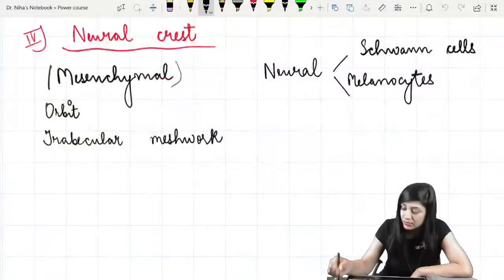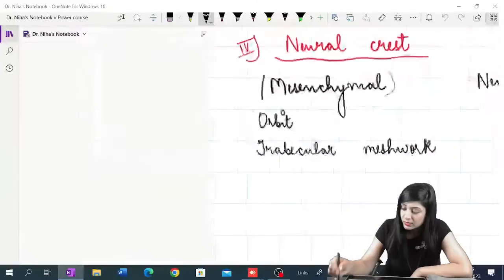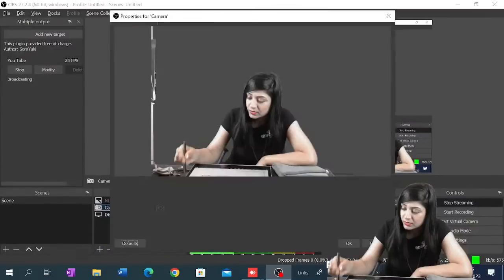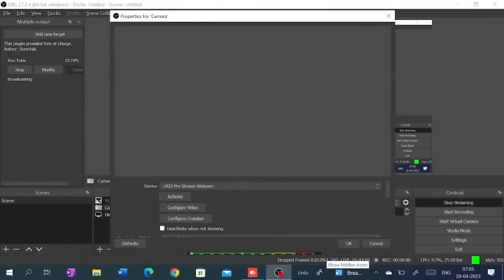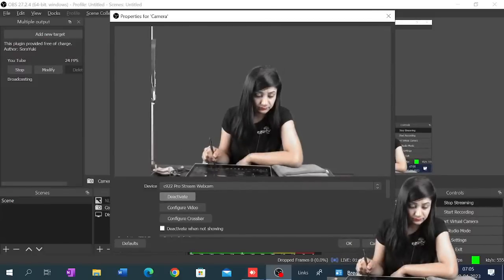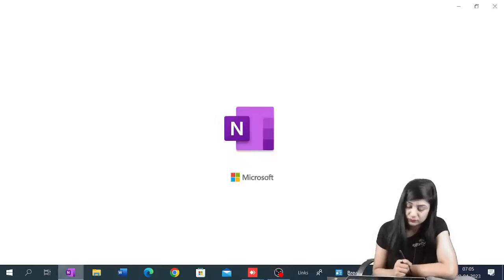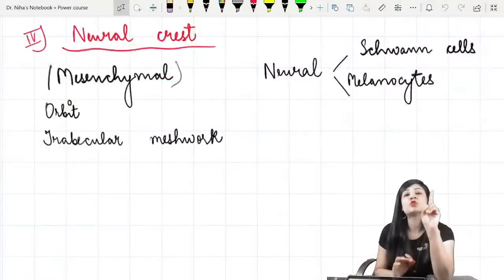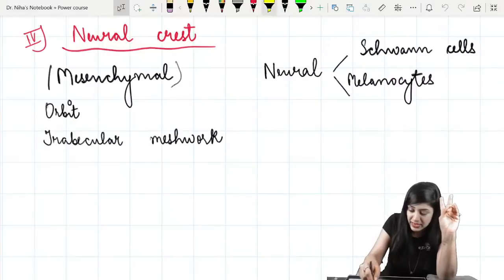Neural crest is having 2 parts: one is the mesenchymal part and one is the neural part.